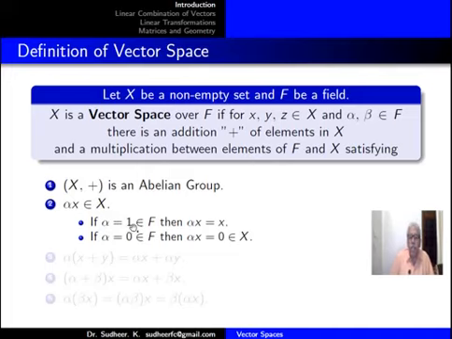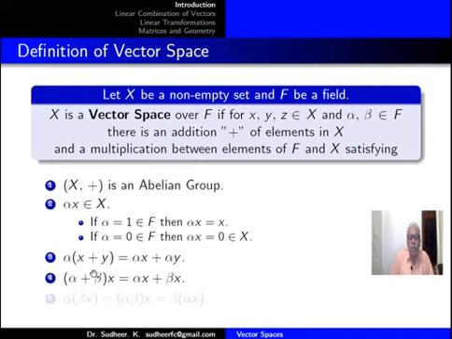If alpha equal to 1, the unit element of the field, then alpha x equal to x. If alpha equal to 0, the 0 element of the field, then alpha x equal to 0, the 0 vector in X. See, the 0 written here and the 0 written here are different. One here, 0 element of F, is a scalar, and here 0 element of X is the 0 vector.